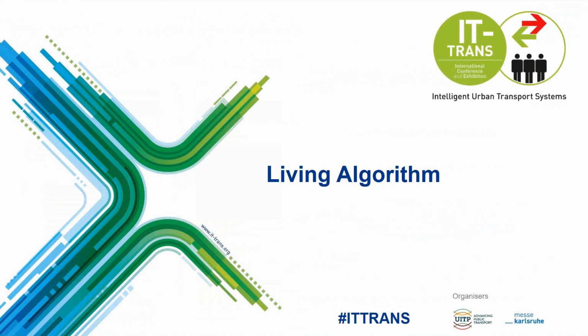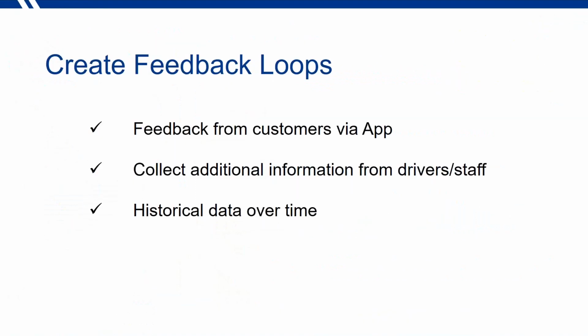If you want to continue to improve your calibration factor, then you have to collect data and then verify what you predicted and what actually occurred and see if they're the same. If they're not, then you need to, of course, change the algorithm. And you can do this using feedback loops. In order to create those feedback loops, we can do a couple things.